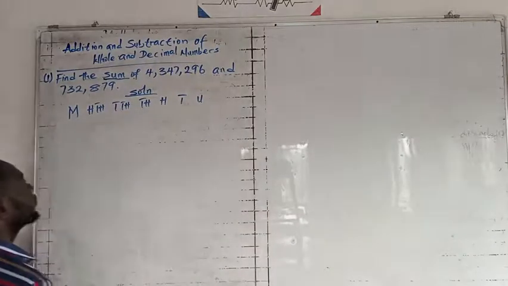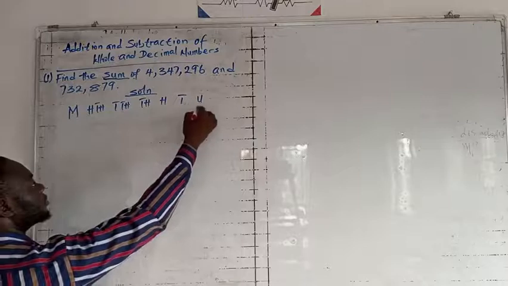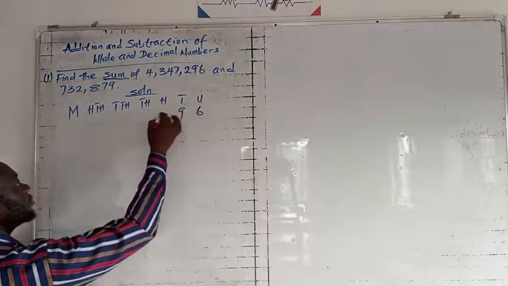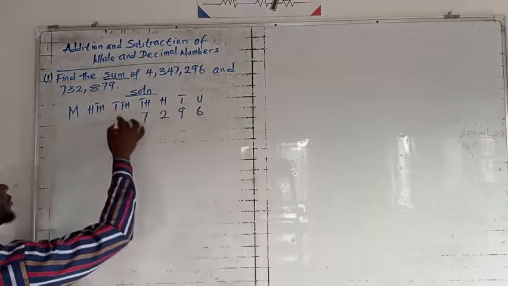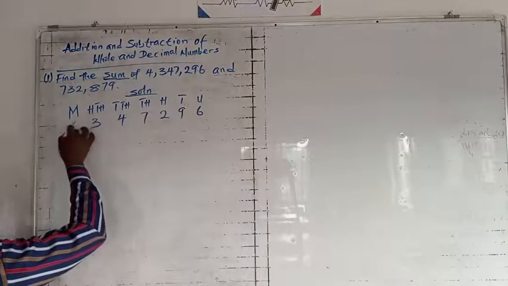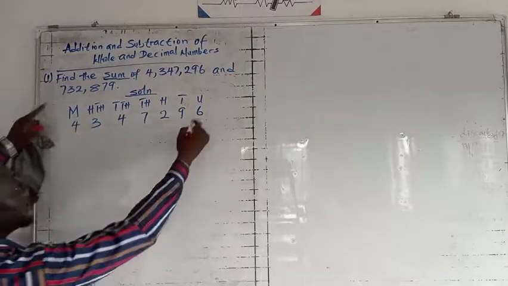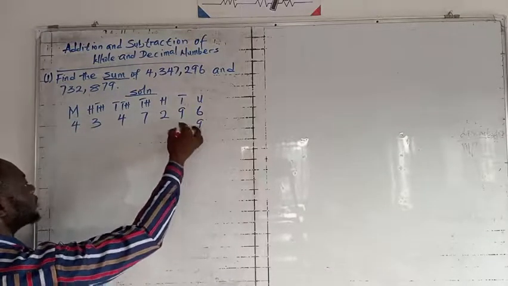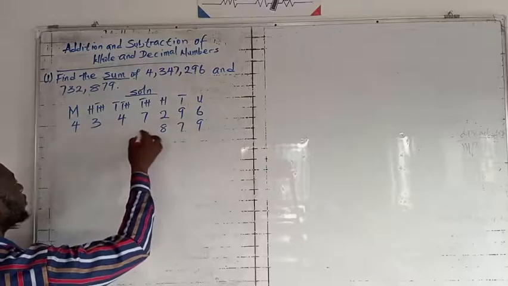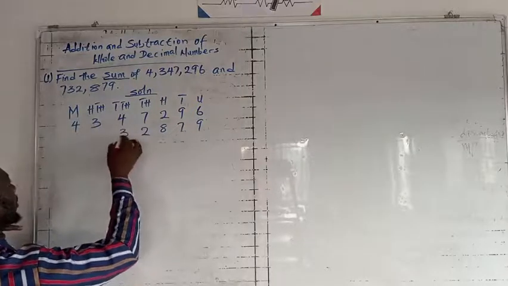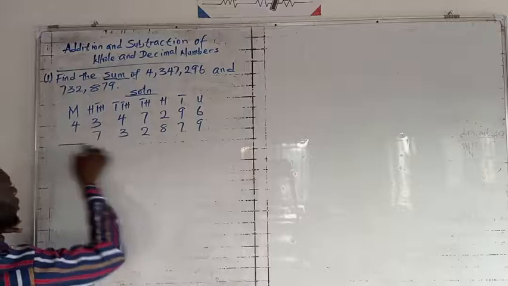So here, let's put these numbers: 6, 9, 2, 7, 4, 3, 4. Let's arrange this: 9, 7, 8, 2, 3, 7.